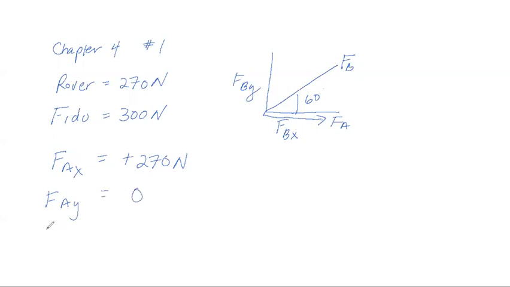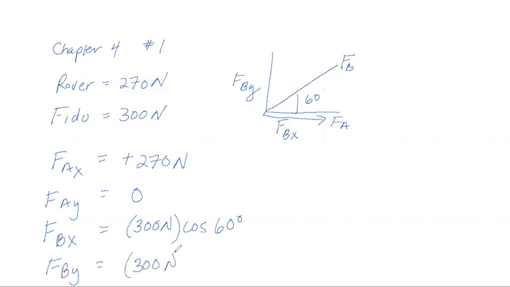And Fido, force B sub X, is going to be equal to 300 newtons times cos of 60. And force B sub Y is going to be equal to 300 newtons times sine of 60. And that's going to be equal to 150 newtons and 260 newtons, respectively.